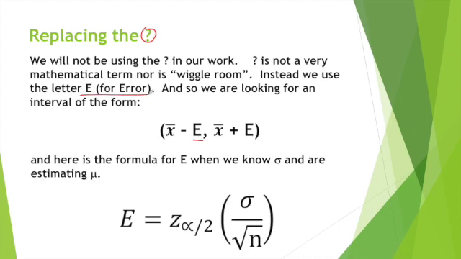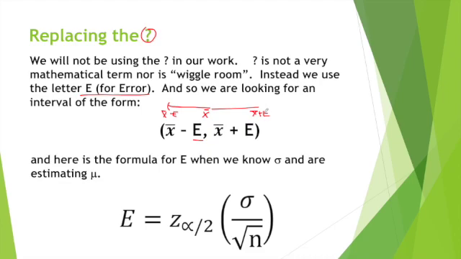So we're going to look for a wiggle room of the form x bar, which is our sample mean, minus our error, to x bar plus our error, right? That means x bar, on a number line, would be right in the middle. Then I've got x bar minus E over here, and x bar plus E over here.